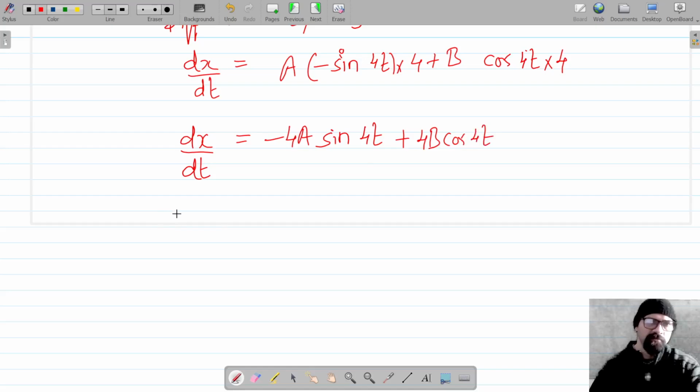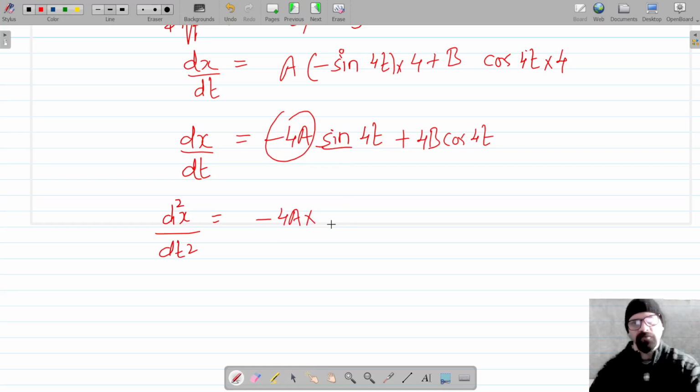Okay, let's differentiate this once again with respect to t, which gives me the second order differentiation, d square x by dt square. Now negative 4a is constant, so it's out, and differentiation of sine is cos of 4t multiplied with differentiation of 4t, which is 4. 4b is out, and differentiation of cos of 4t is negative sine of 4t, and differentiation of 4t is 4.